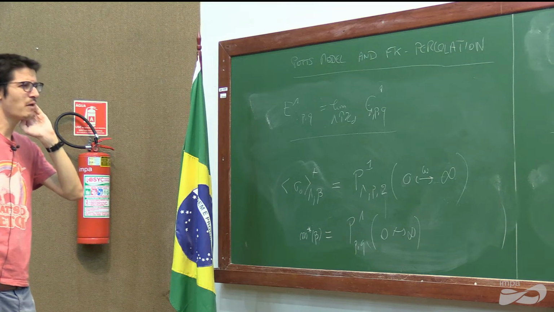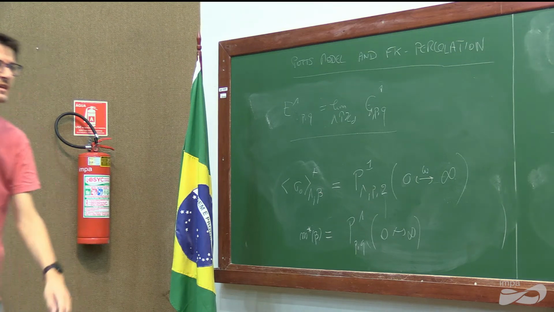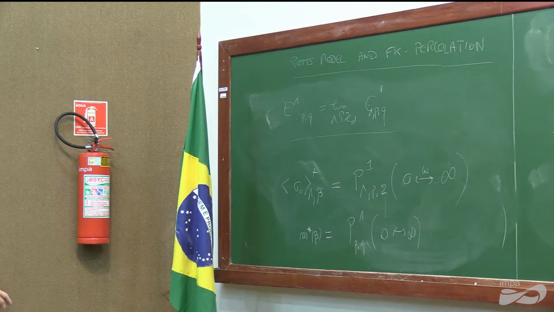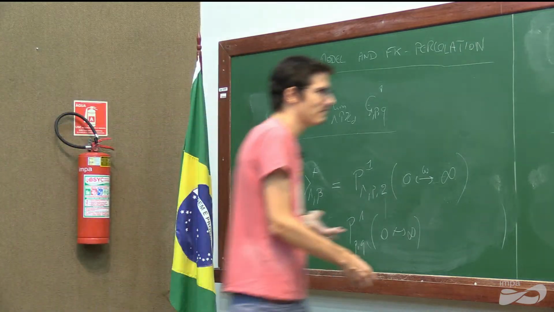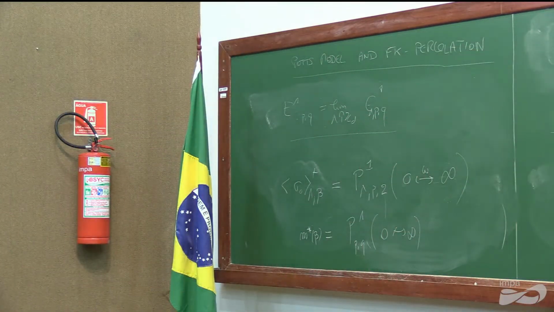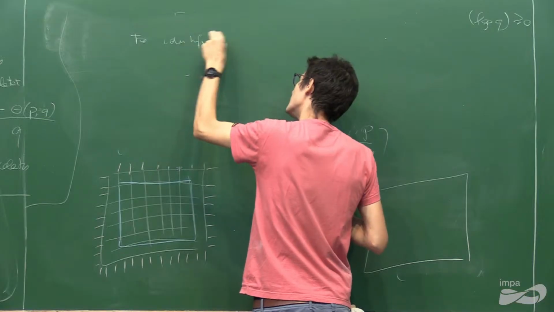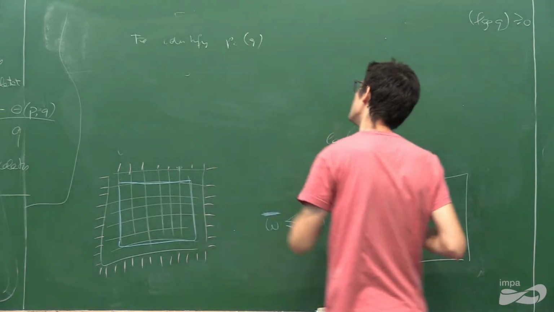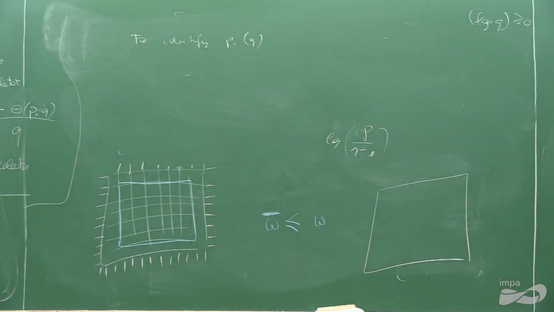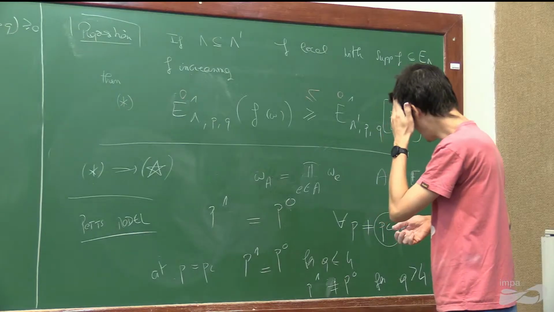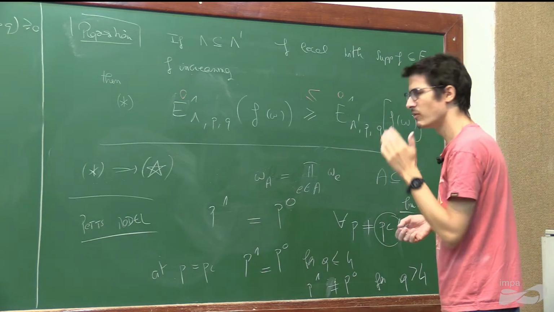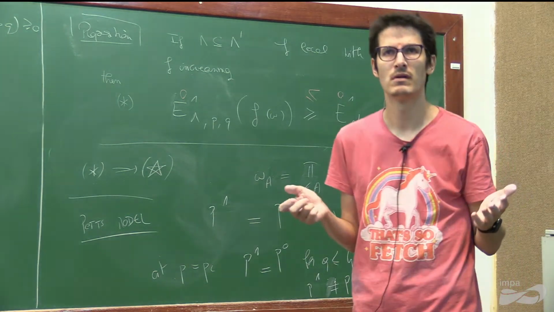But now if you want to identify exactly the critical point, a good intuition you might have is to try to identify pc(q) by looking at the point at which the model is self-dual.